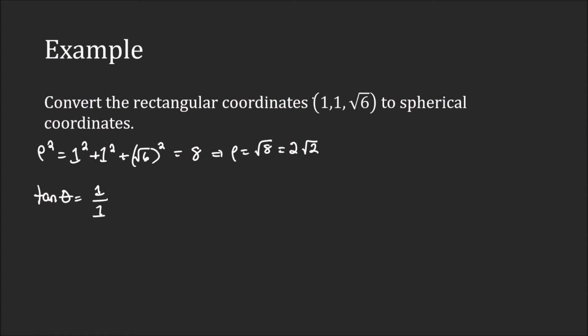I'm sorry, this was supposed to be a minus 1 in there. So the point should be negative 1, 1, root 6. So that should be negative 1 squared. There we go. So we have tangent theta is 1 over negative 1.